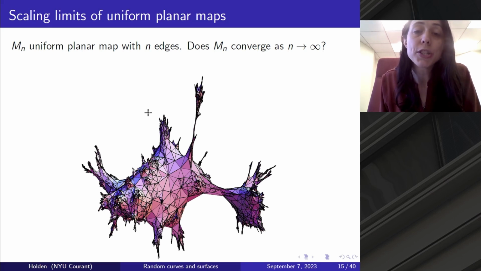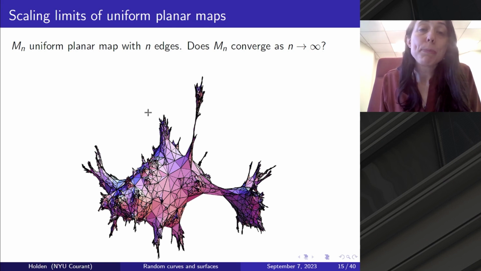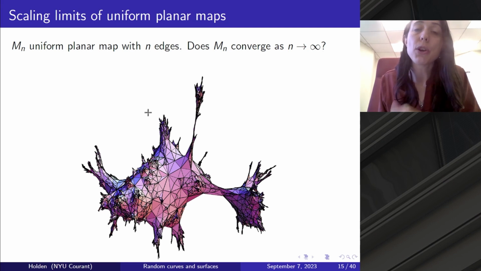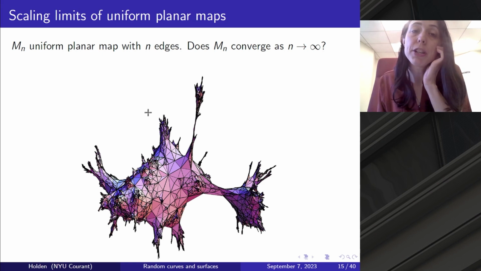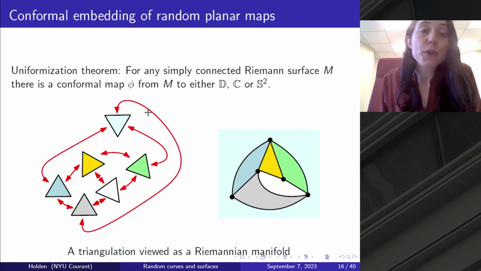The notion of convergence that I will be focusing on is convergence under conformal embedding. There have also been proven a number of other convergence results in other topologies, but I will just focus on the conformal topology.